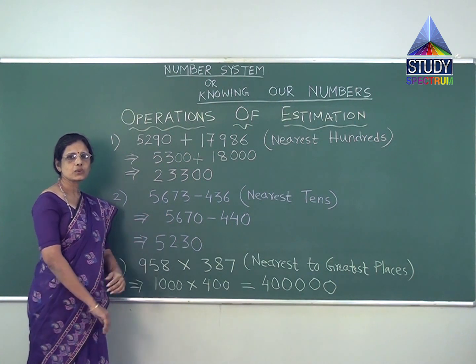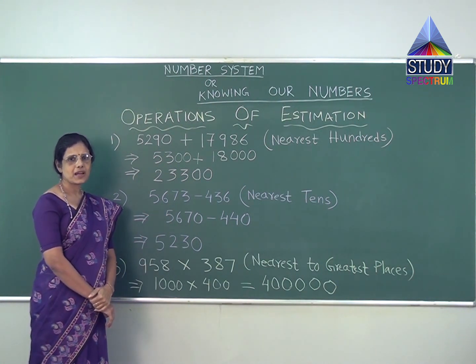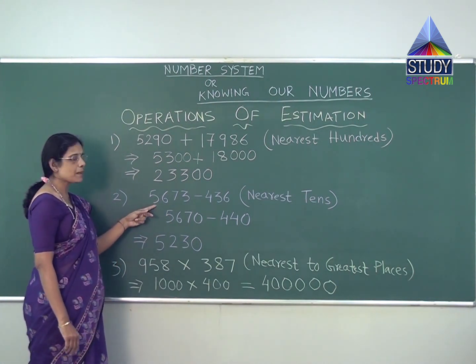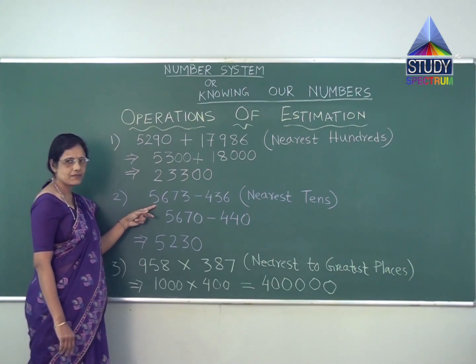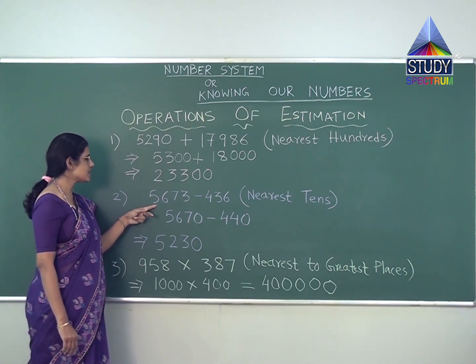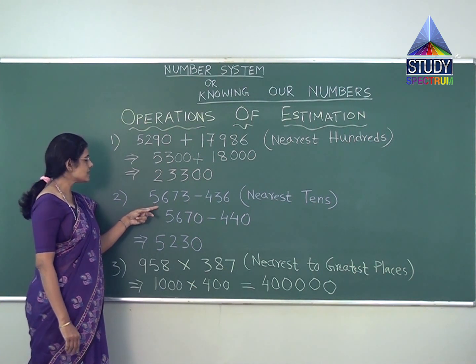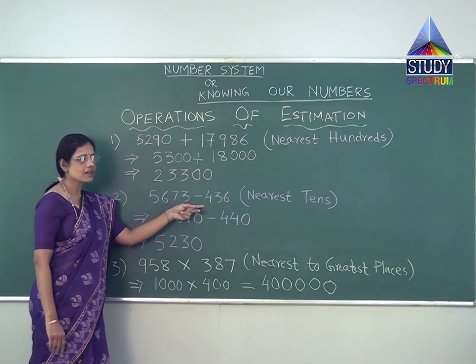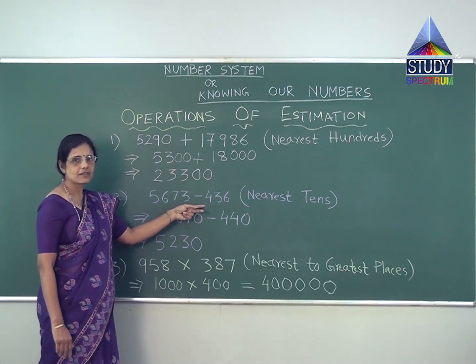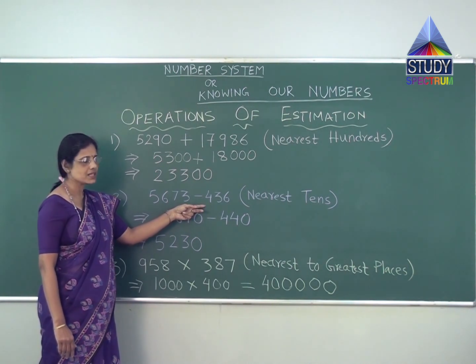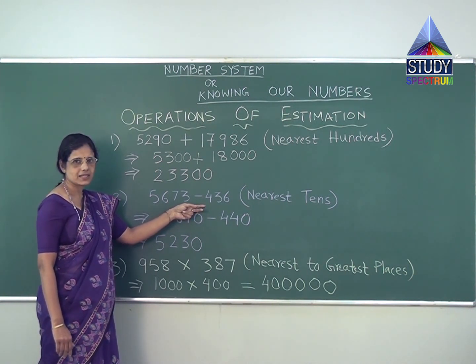Same way we can do the difference, means subtraction. The number is 5,673. This is the thousands number, and now I will subtract the hundreds number 436.